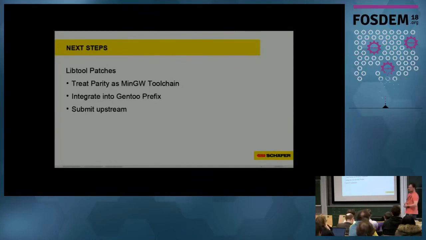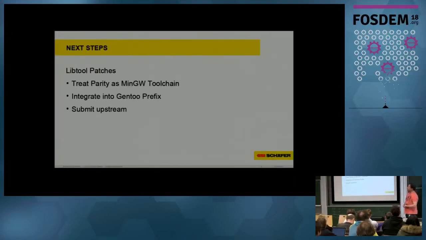So there is of course a need to patch libtool to use the Parity toolchain. These Parity libtool patches are not integrated into Gentoo prefix yet and are not yet submitted upstream, because Parity is still under development towards the MinGW toolchain.